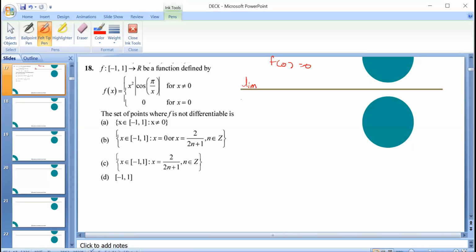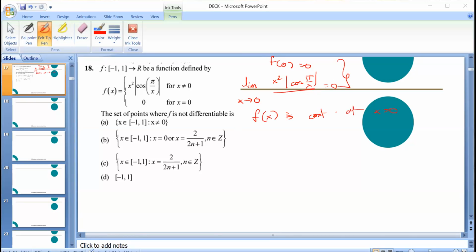Then we will see limit of the function as x approaches 0, that is x squared, mod of cos of pi by x as x approaches 0. So this is 0. Both are equal. That means the function is continuous at 0, especially at x equal to 0.